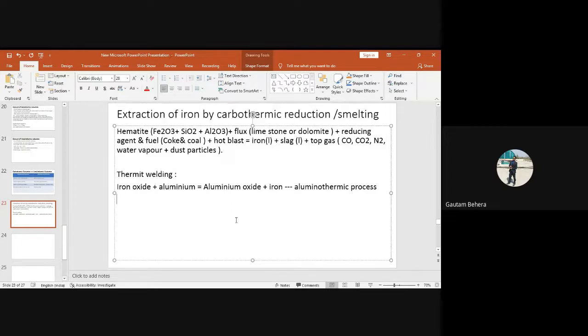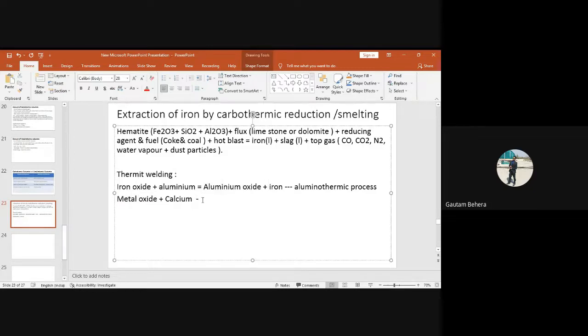Similarly, I can write any other metal oxide plus calcium. That means here calcium will act as a reducing agent. Instead of aluminium, we are using calcium as a reducing agent.